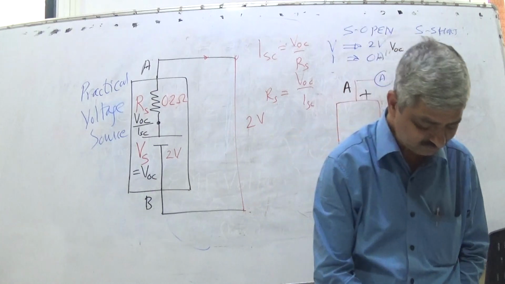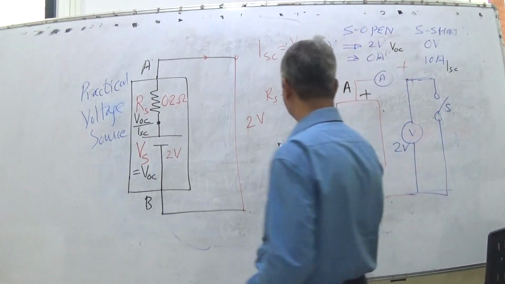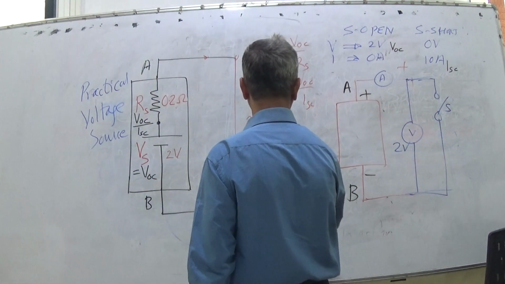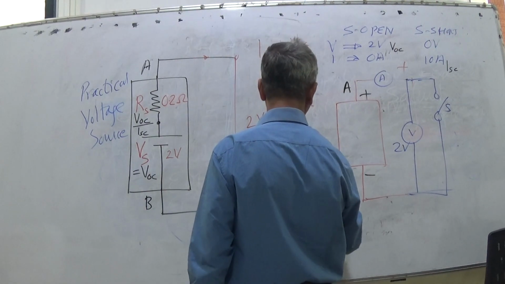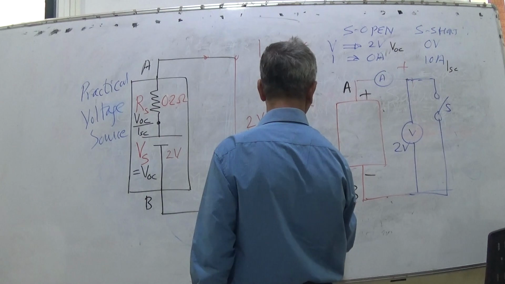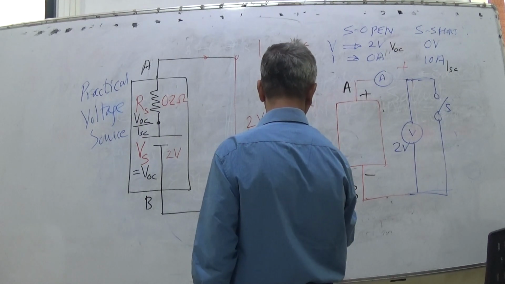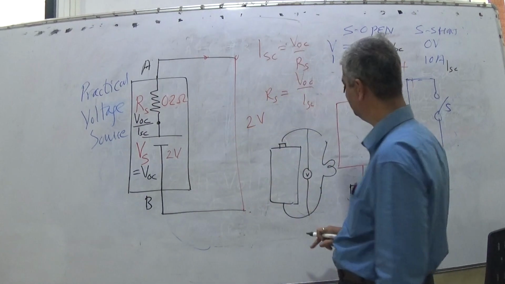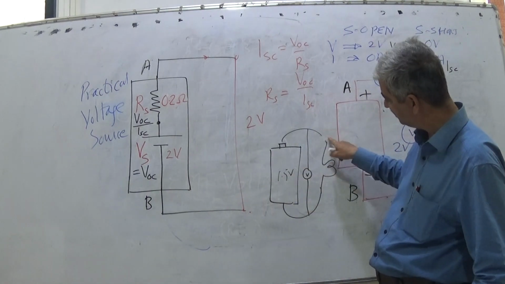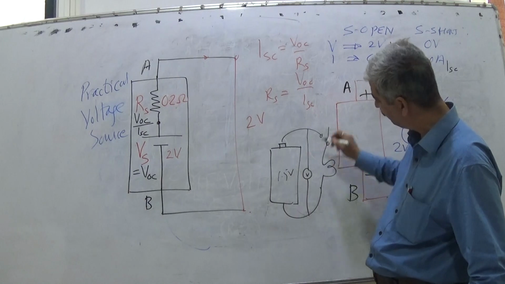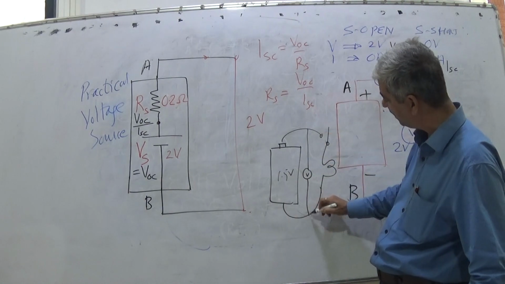Therefore, if there is a good battery cell, when you put a lamp, there is a voltmeter across the output, and there is a lamp. When the switch is off, a good cell gives 1.5 volts.